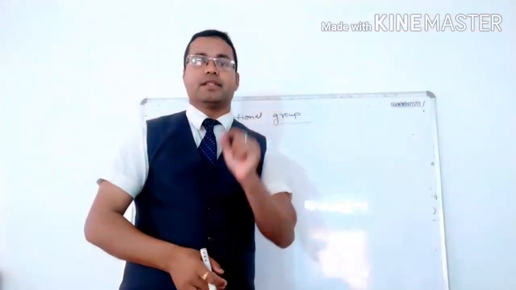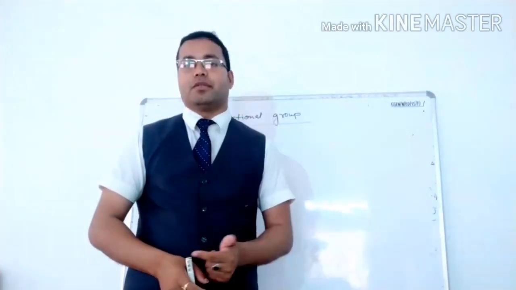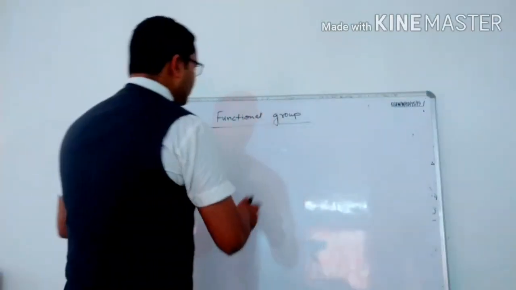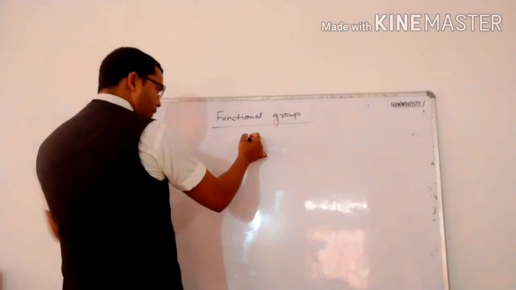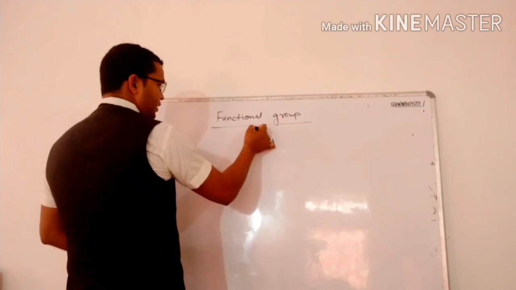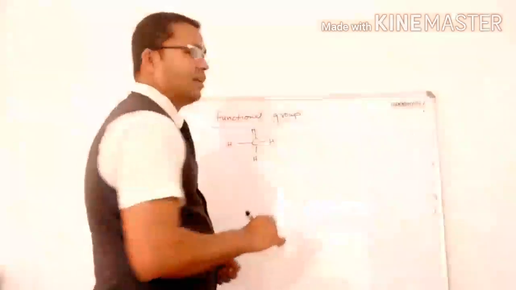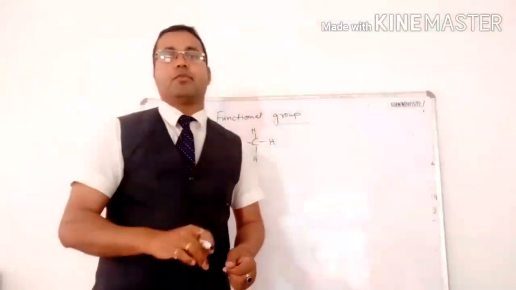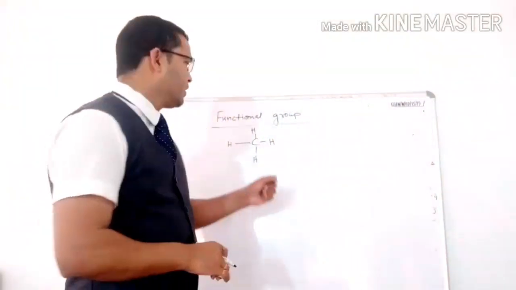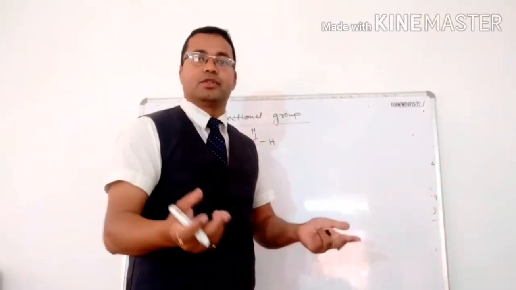So a functional group is a group on which the properties of any series depend. For example, from alkane I am taking methane. And I told you the main component of CNG gas is methane. So methane is a gas. It is a burning gas, we cannot eat it.